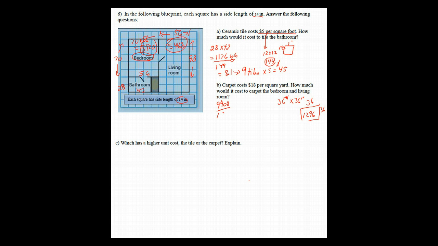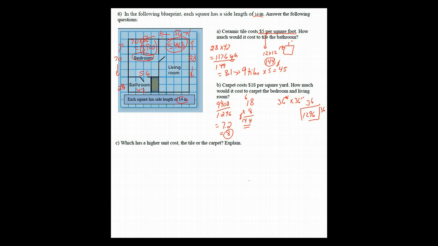So I would divide both of these out. How many square yards are there in our measurement? We will get 7.2. We can't buy 7.2 square yards, so we would buy 8 square yards. The total cost is $18 per square yard times 8 square yards, so $144.